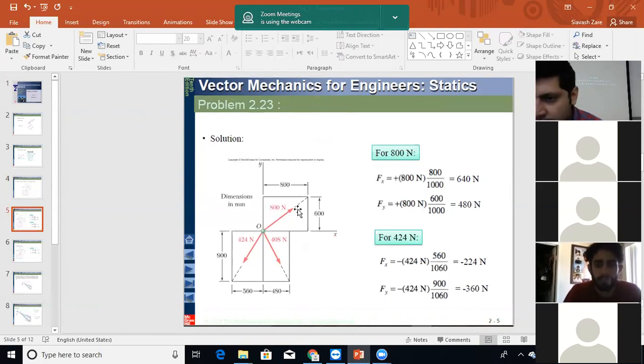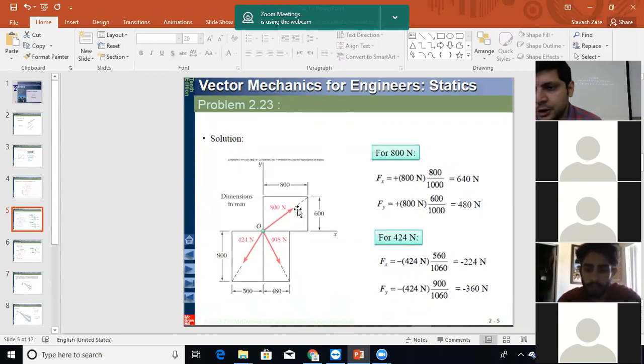So for Fy, then you have the opposite side over the hypotenuse, which is the definition of sine of theta. So it is 600 over 1000. So it would give you 480 for the Fy.